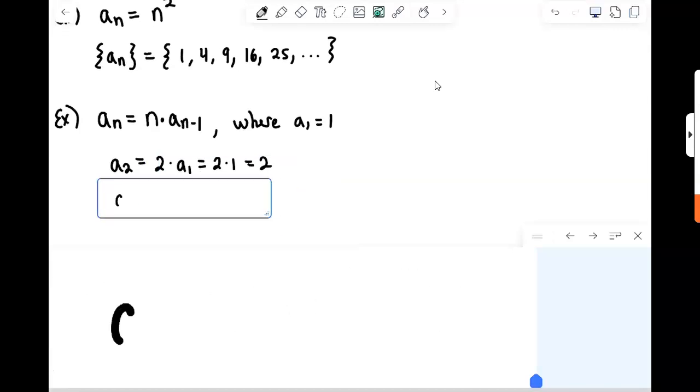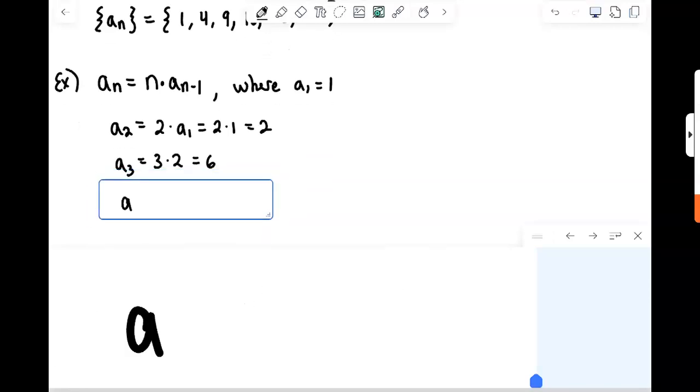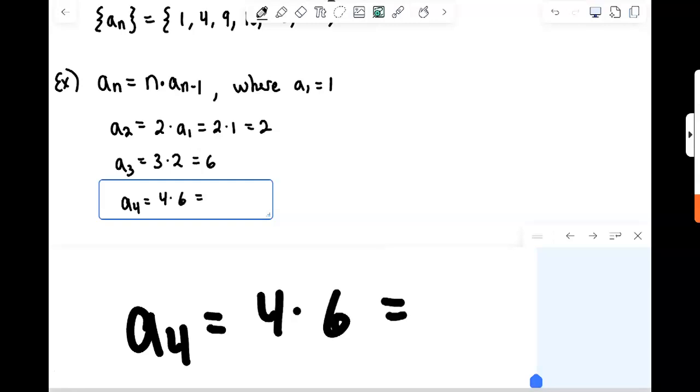And then we keep going. A sub 3 would be 3 times a sub 2, which is 6. A sub 4 would be 4 times 6, which is 24.